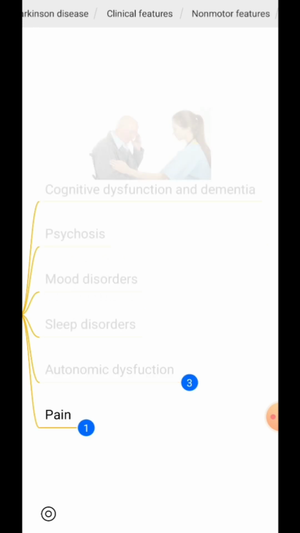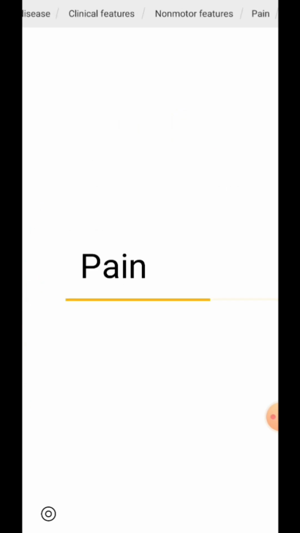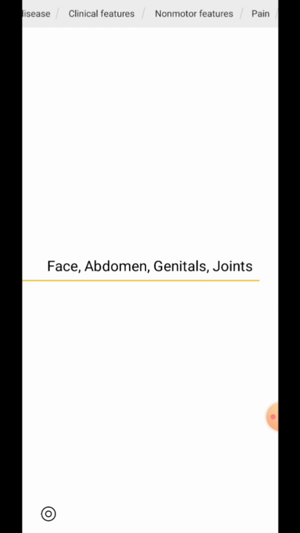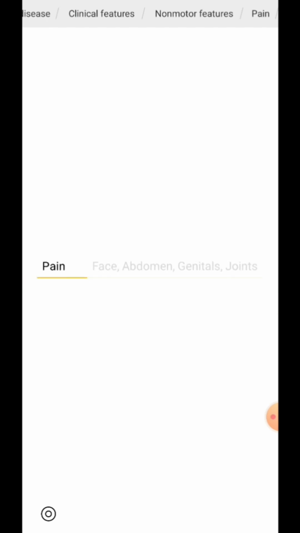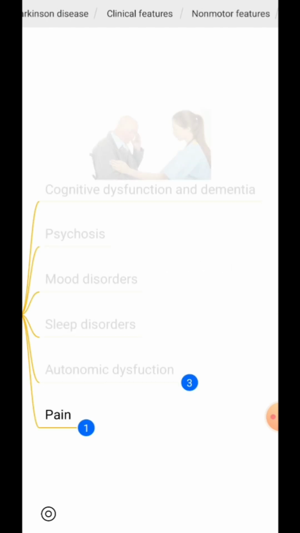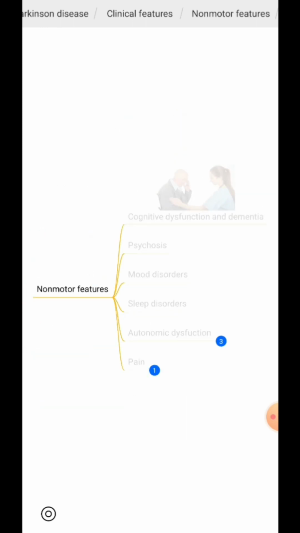And then the patient may feel pain. Where will the patient feel pain? The patient will feel pain in the face, abdomen, genitals, and joints. So pain is another possible clinical feature. Like that, there can be non-motor clinical features of Parkinson's disease as well.